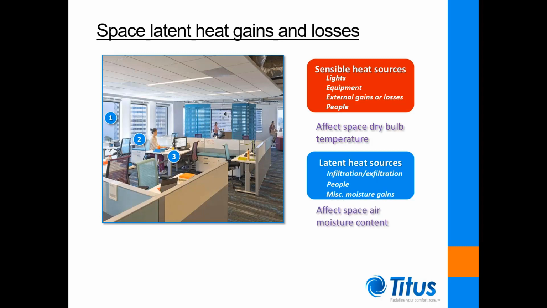Finally, devices such as coffee makers may add moisture as well as heat via the evaporation of water into the room air. The goal of the HVAC system is accomplished by supplying air at a sufficient flow rate, temperature, and moisture content to offset the space sensible and latent heat loads.